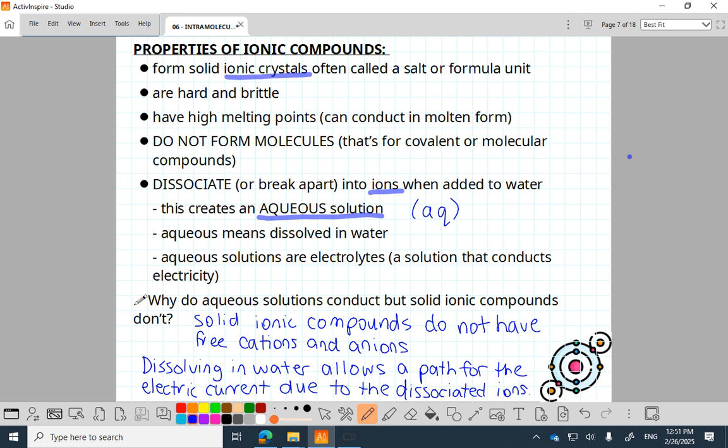So when we test conductivity, you are not going to put the conductivity probe on a solid piece of table salt. It would not conduct. We need the water.